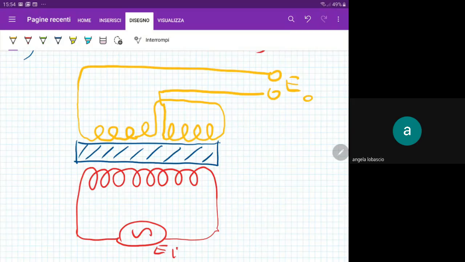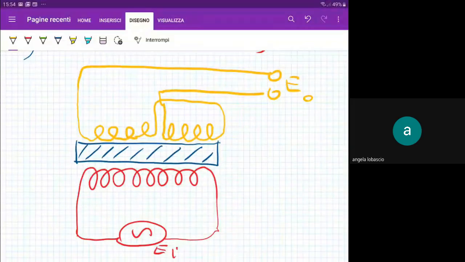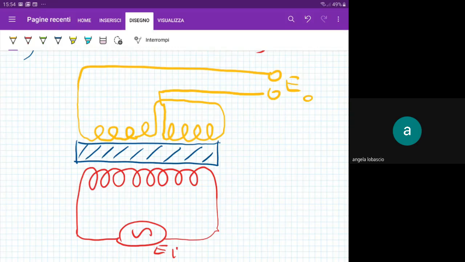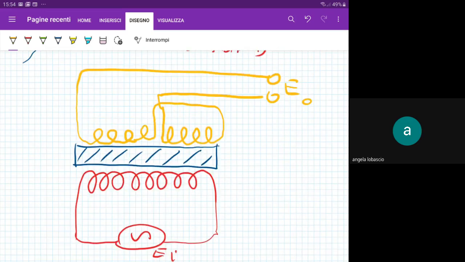As you can see, the secondary windings, secondary coils, are connected in a series opposition configuration, so that the output tension is the difference of the two voltages. Okay, the secondary windings, write it here.